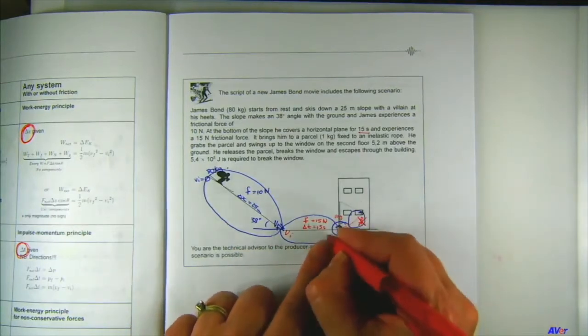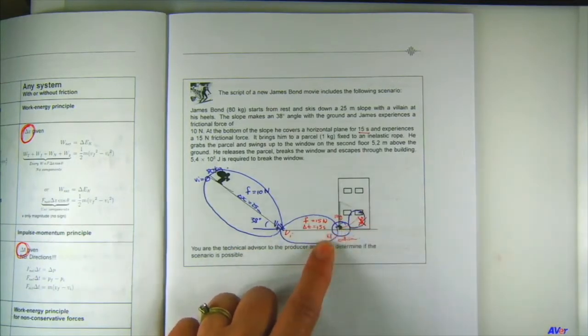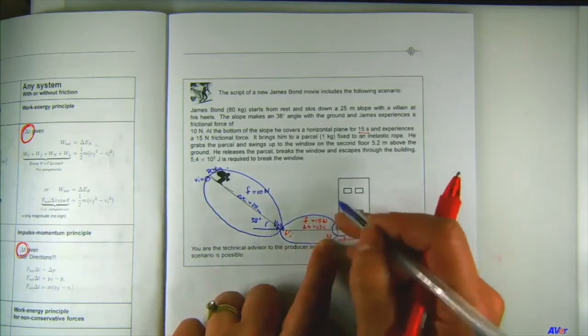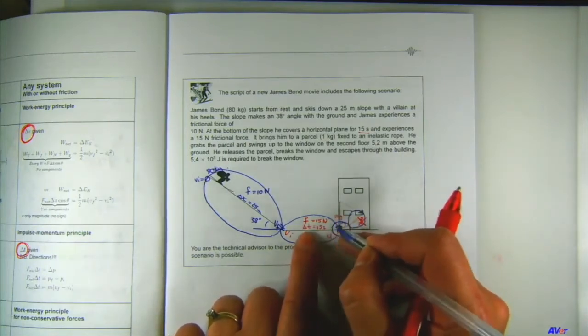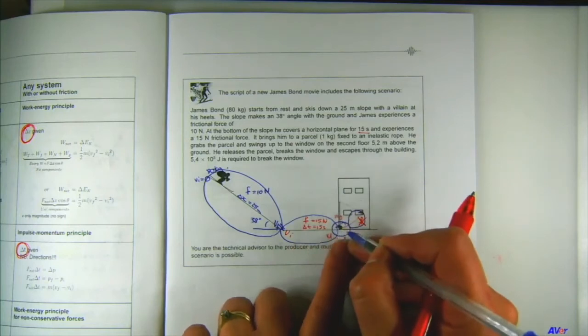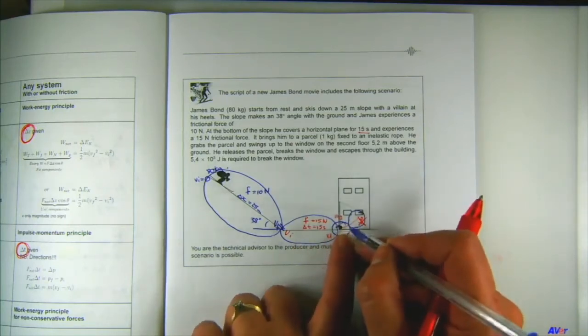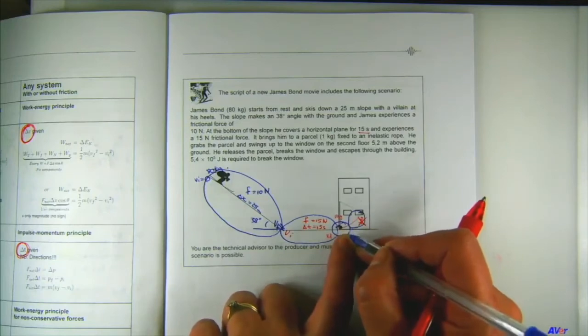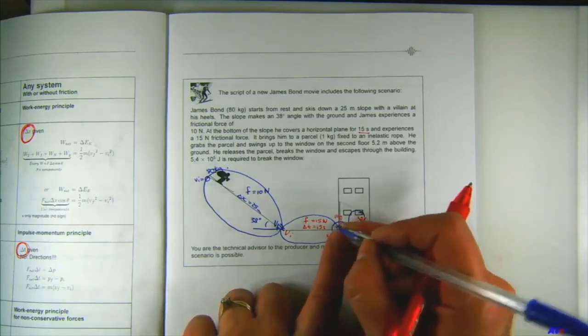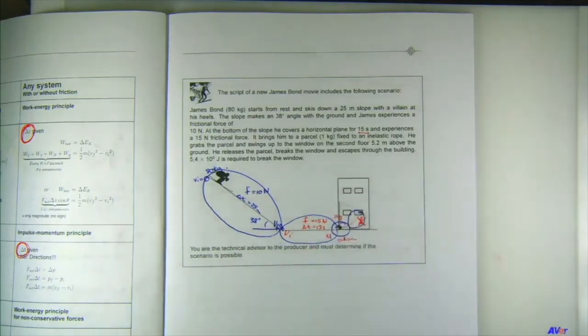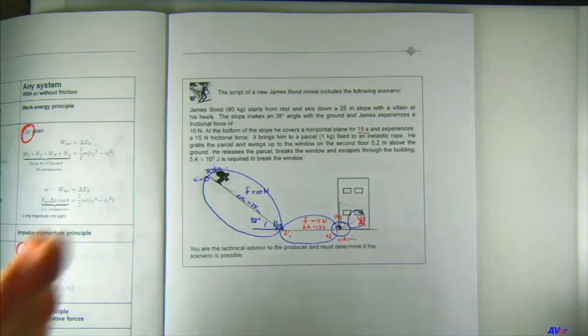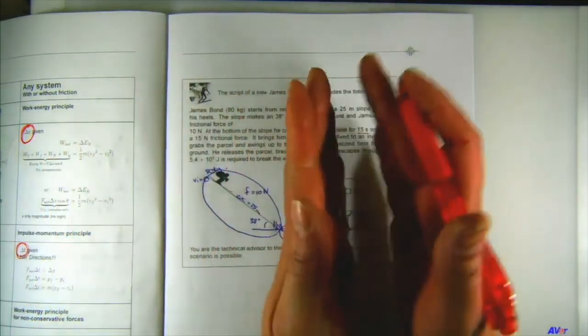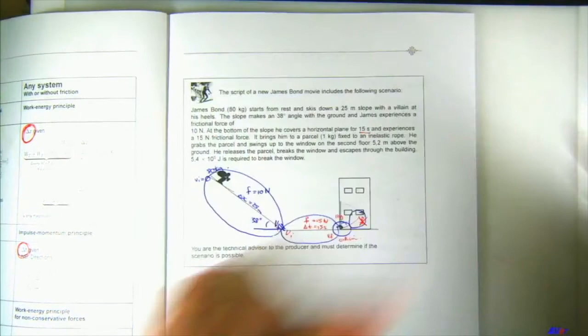And then the final velocity for that part is the initial velocity with which that James Bond goes into the collision. Right. And then the final velocity of James Bond and parcel together will be the initial for the upswing. That's the important thing to remember. Now let's start and we look at every part of this four-part question.